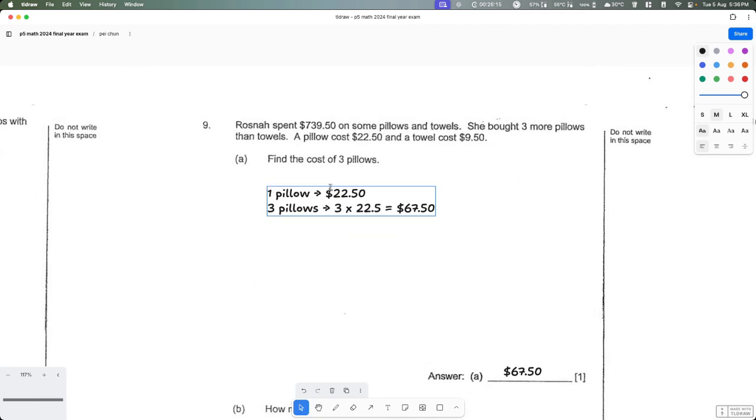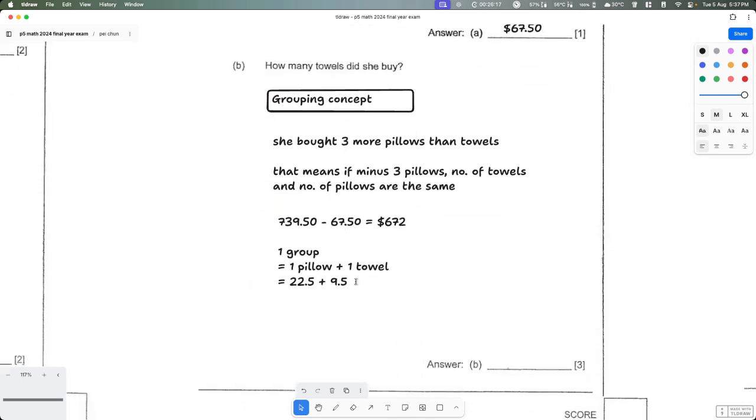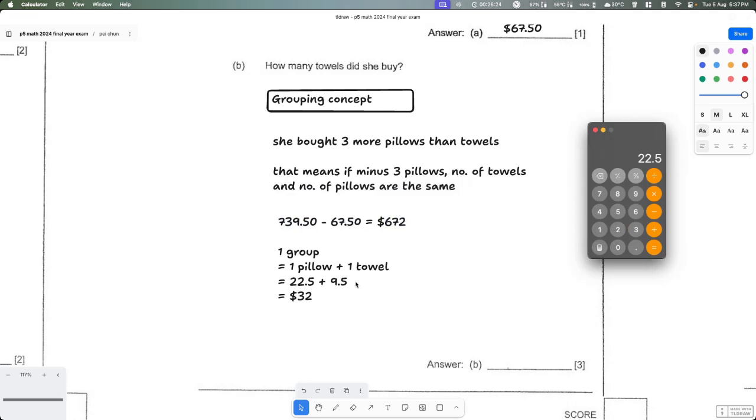Am I right? Let me do, okay, correct. So this will be $32 if I'm not wrong. $32. Double check, 22.5 plus 9.5, 32.